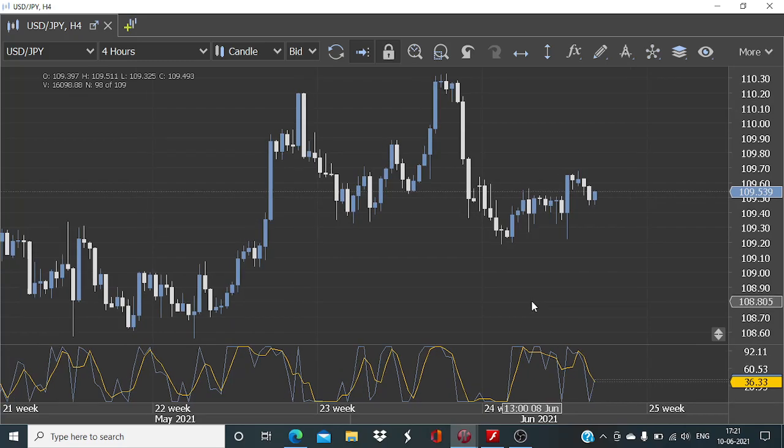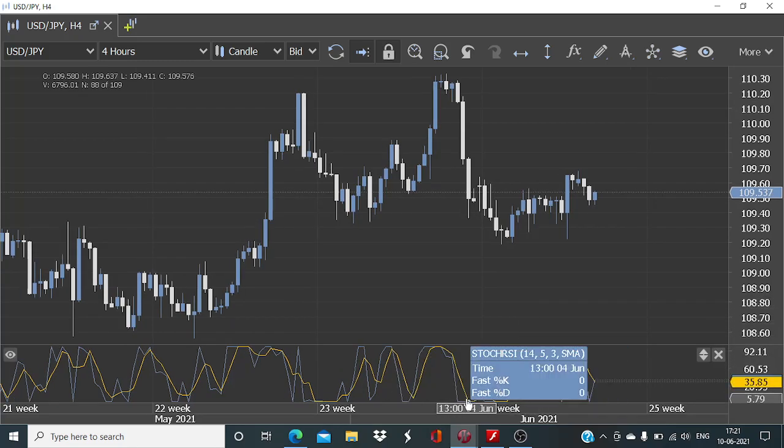So the logic is going to be fairly simple. We will be looking at the last 4 hourly candle period stochastic RSI output values, and as you can guess, we will need the fast percent K and fast percent D value to be above 0, and in the penultimate 4 hours the value should have been exactly at 0, both for the fast percent K and fast percent D. And not only the penultimate 4 hourly candle, we want to also consider the candle before that.